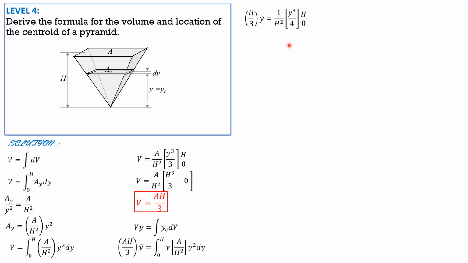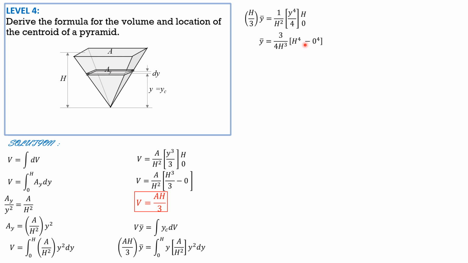Then the integral of y cubed dy is y to the 4th over 4 from 0 to H. So barred y therefore is 3 over 4 H cube, H times H square, so H cube, then cross multiply, so we have the upper limit H to the 4th minus 0 to the 4th.